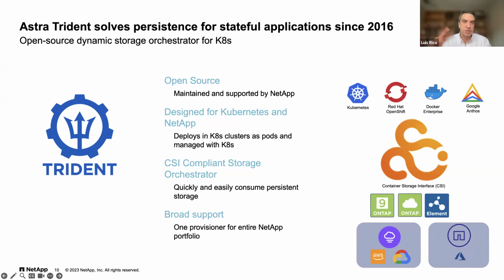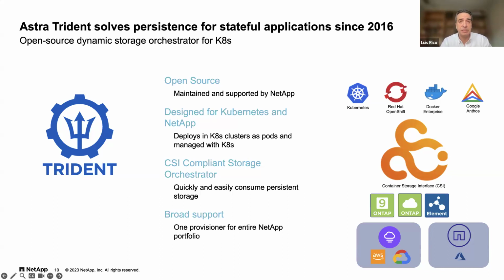During all these years of evolution of persistent storage in Kubernetes, the Kubernetes community created the Container Storage Interface API just to try to unify the way all storage vendors, all storage solutions, have to provide persistent storage to Kubernetes and to OpenShift.